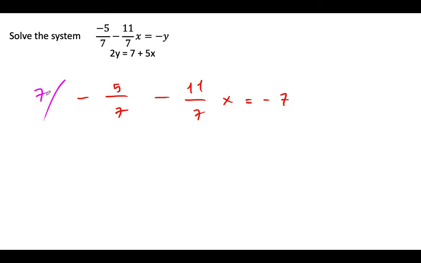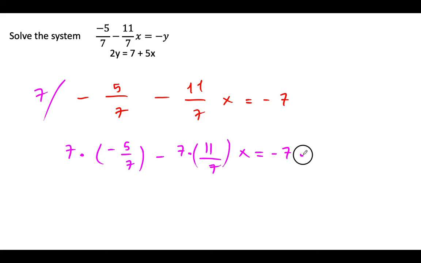Let me explain, maybe it will be clearer for you. And do not forget, we are multiplying 7 by each part. So 7 and this simplify, negative 5. This and this simplify, negative 11x is equal to negative 49.